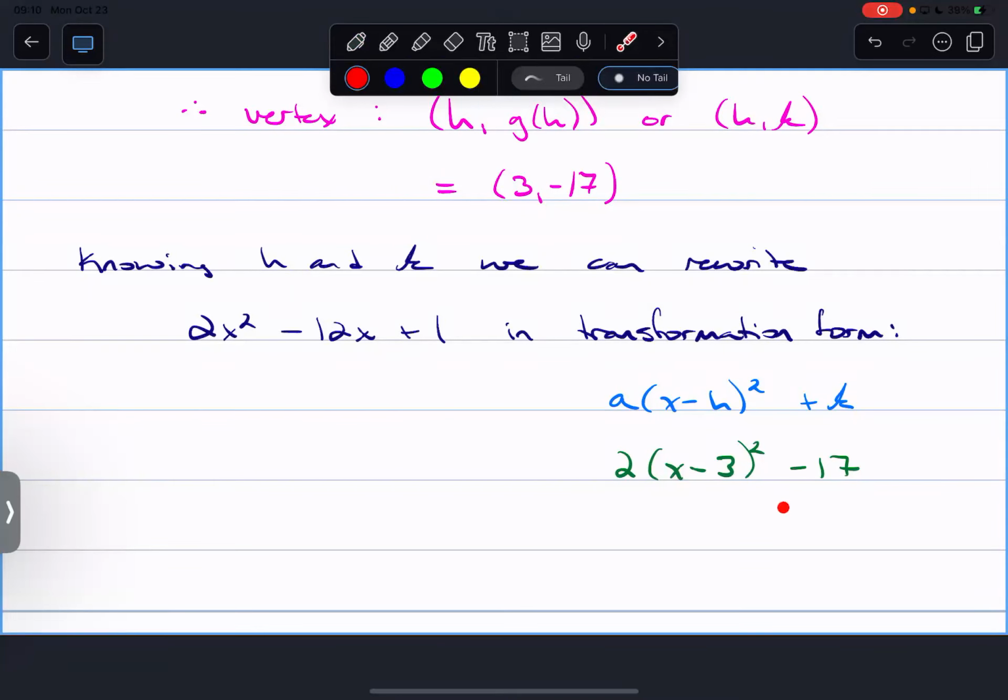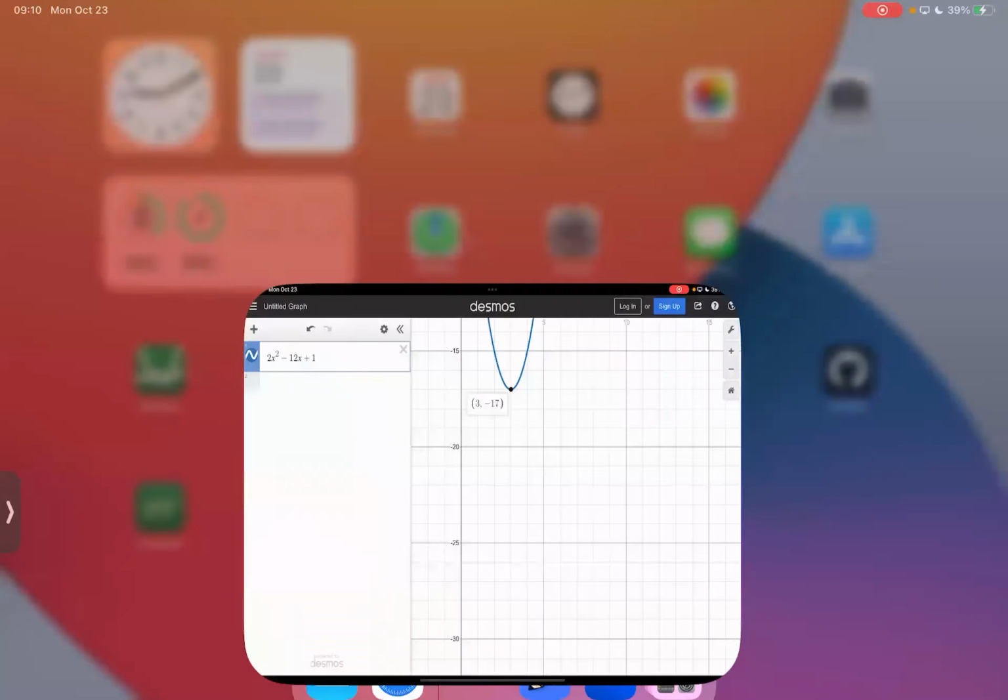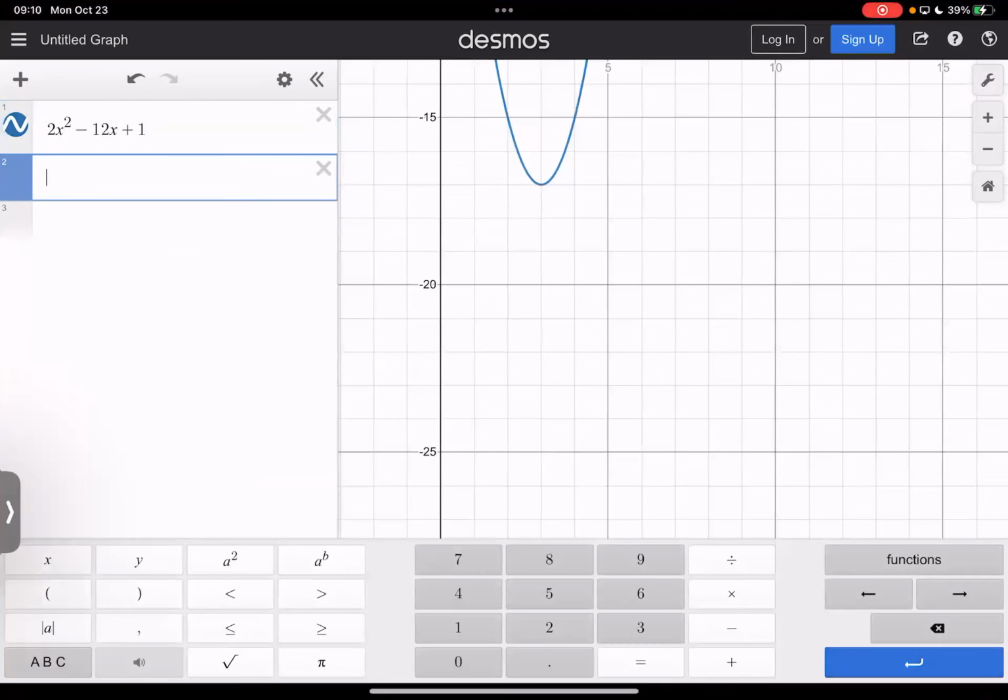Let's just graph this to make sure that they're the same. Be really bad if they weren't. Really bad. Put it on the same graph here. 2 times x, oops. I want the bracket. x minus 3, bracket squared, minus 17.